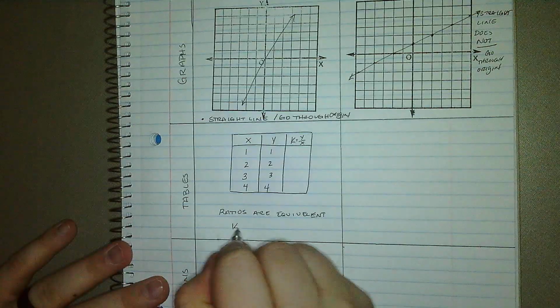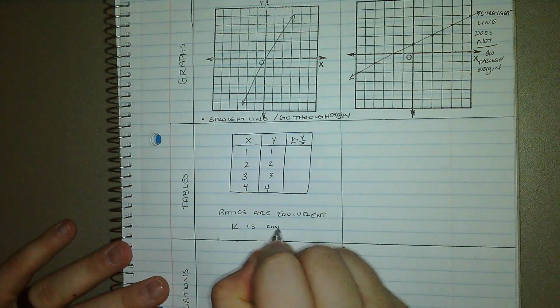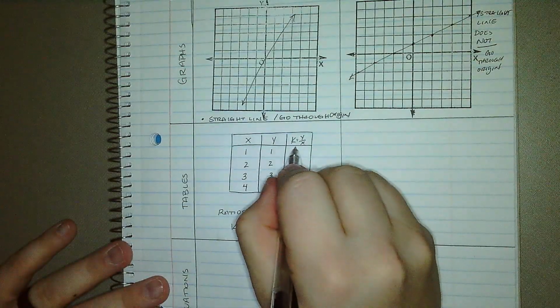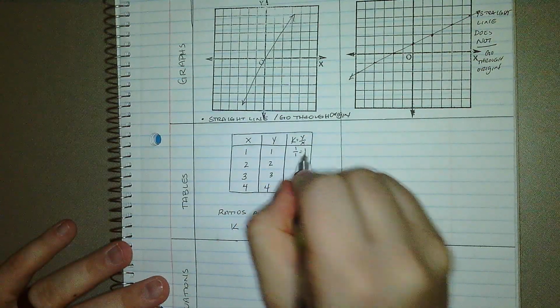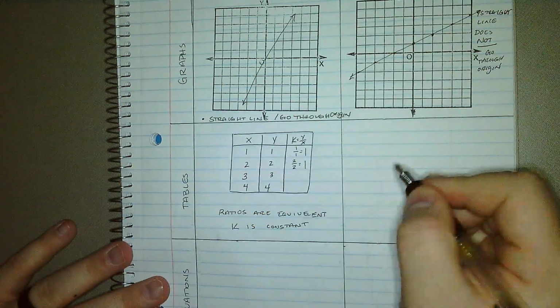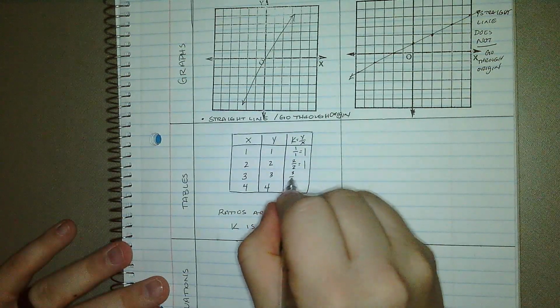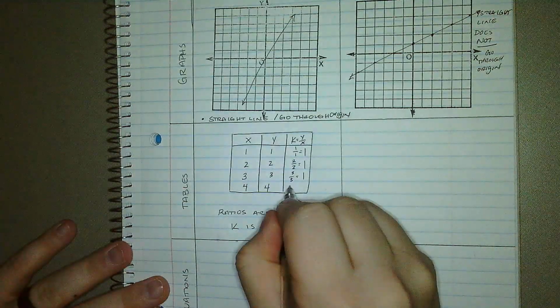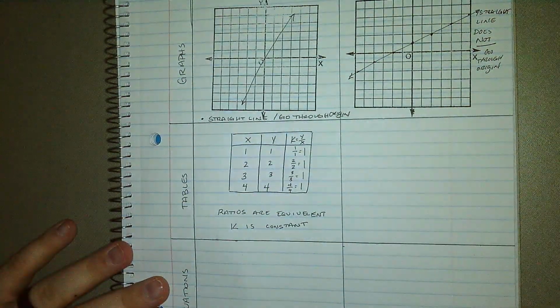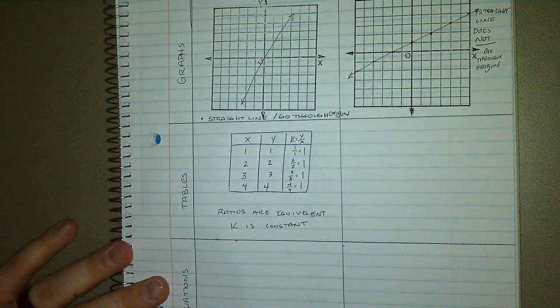Which means we are looking for k to be constant. So if I do my y over x, I have 1 over 1, which is 1. 2 over 2, that's 1. 3 over 3, 1. 4 over 4, 1. So my k is constant because I put my y on top of my x.